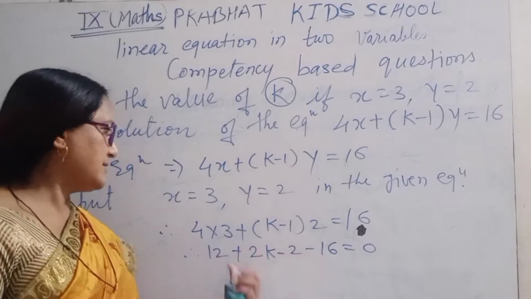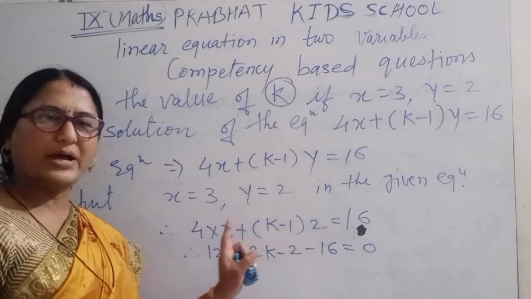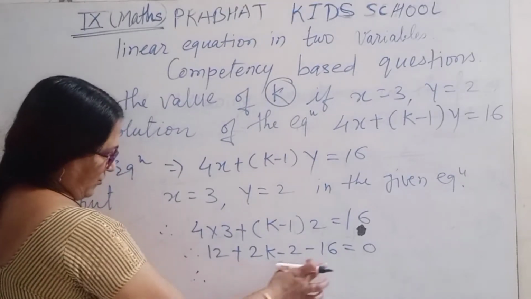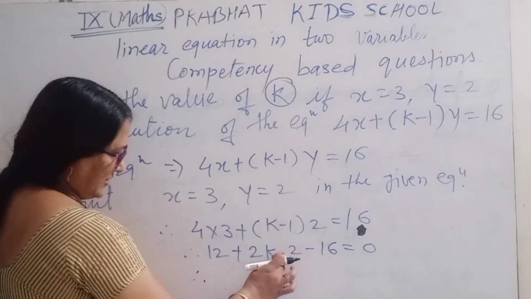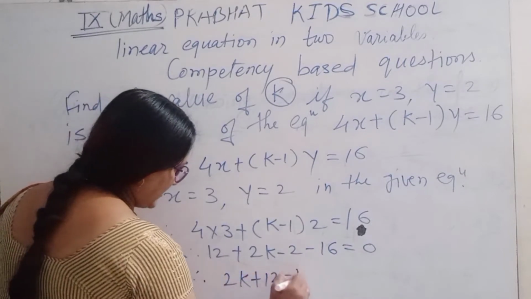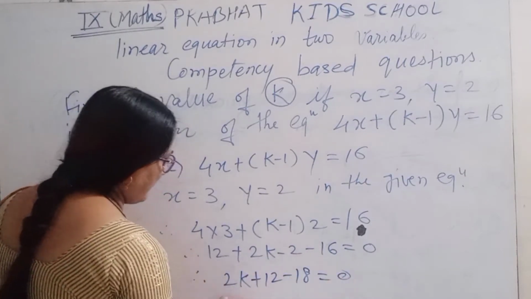Take this side, so plus 16 will be minus 16. Now minus 16 minus 2 is minus 18. 2k plus 12 minus 18 is equal to 0.